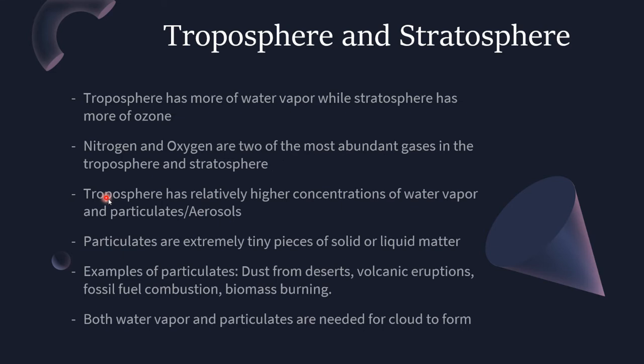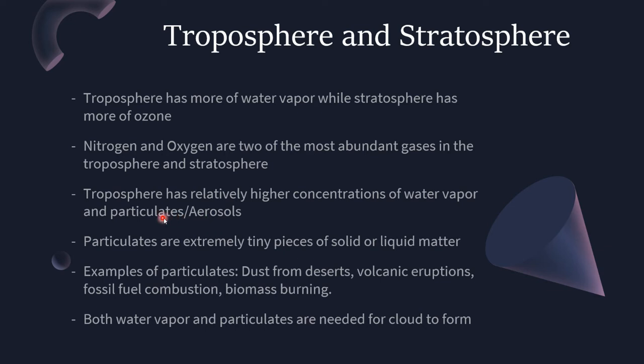Then number three is the troposphere has a relatively higher concentration of water vapor, particulates, and aerosols. Particulates means the loose particles that come from the burning of forests, from industry, from coal burning, and aerosols as well. So you studied that in the second lab as well.